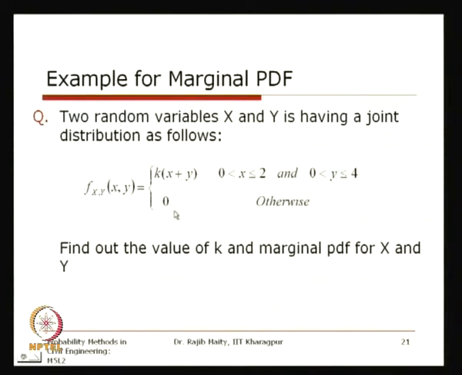So if we take this range, first of all we want to find out the value of k. We have taken this type of problem earlier also: to find k, to be a valid PDF, the integration over the entire range should equal 1. And once we know k, what is the marginal PDF of x and y? That is the question here.